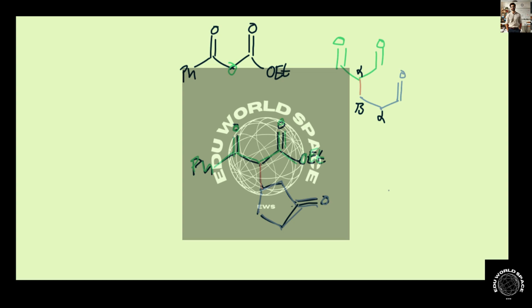The green portion is pretty clear what happened there, right? That is to say, this was the alpha carbon, this was the beta carbon, this is the alpha and beta carbon. That's really all that happened, is just joining that to that and getting rid of the double bond. Okay, hopefully that's fairly clear what happened there.